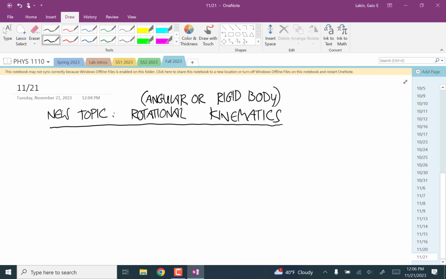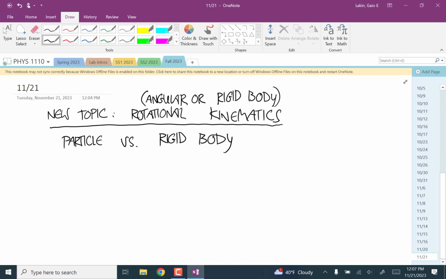What's the difference? The first thing we need to talk about is the difference between a particle and a rigid body. This is the first time we've not been talking about particles and we've been talking about rigid bodies. When I talked about what a particle is, I said particles have no length dimensions.